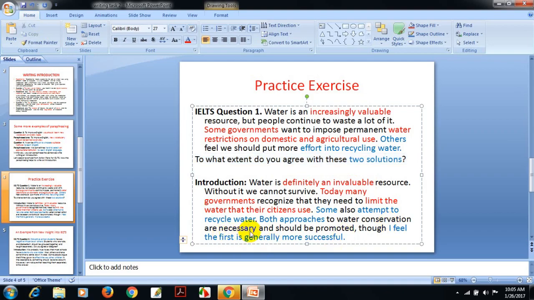That means the person is going to write both are necessary. But in his or her opinion, the first one is more successful. First one means here restricting the use of water. Okay. In this way, you have to write the introduction of your essay.